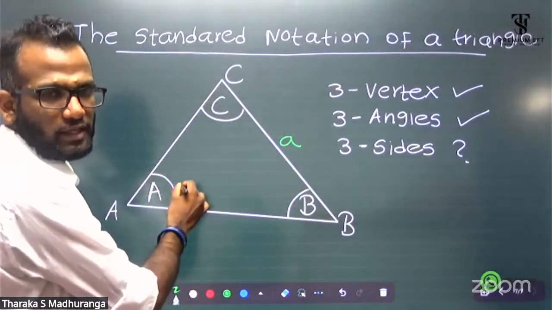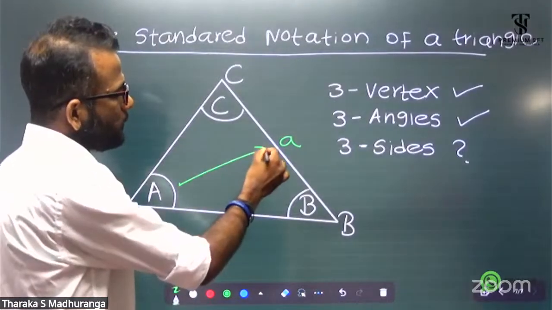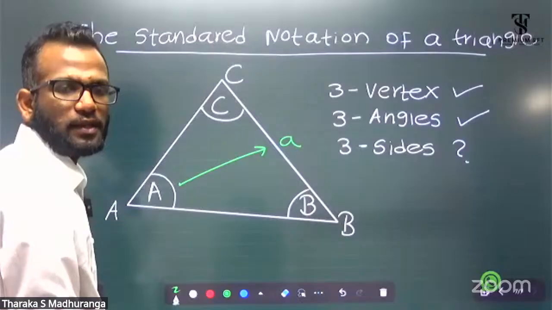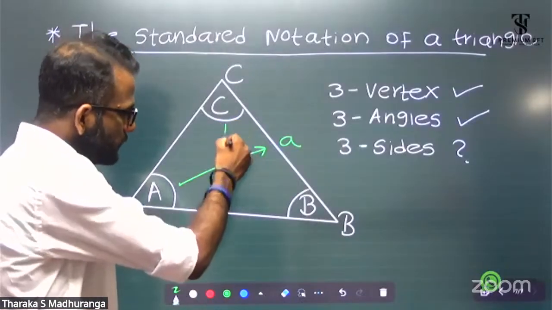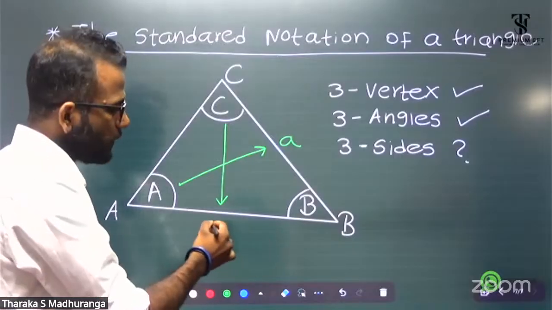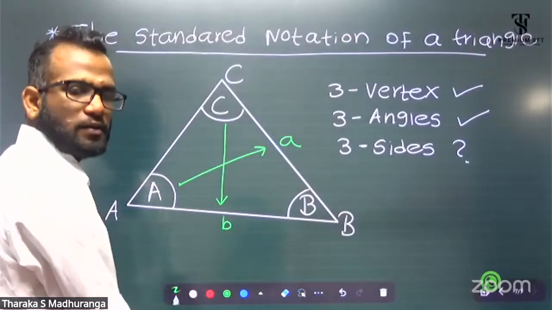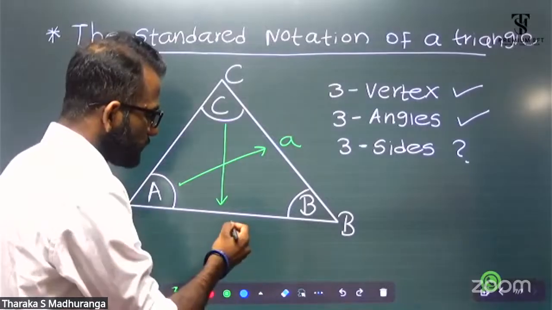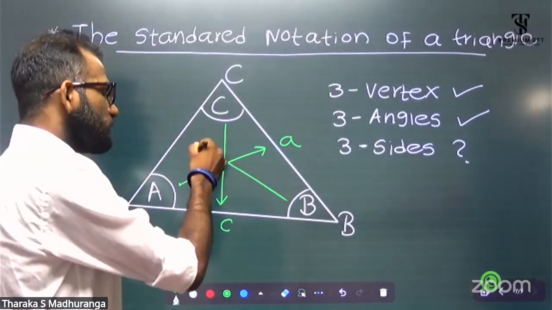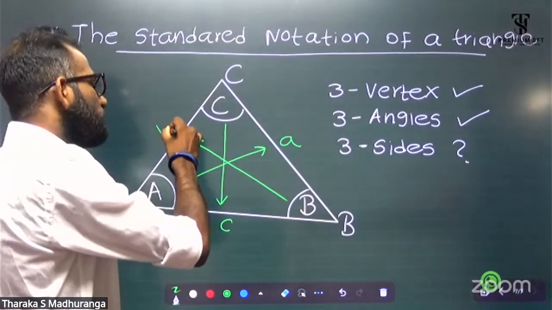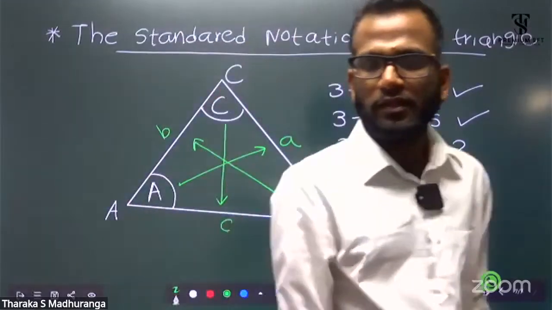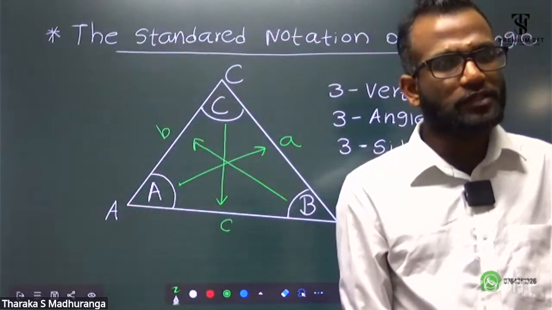The side in front of the vertex we call small a. Then what is this? The side AB we call small c. And this one we call small b. Understood? That we call the standard notation of a triangle.